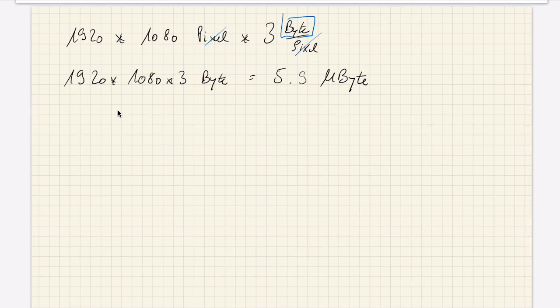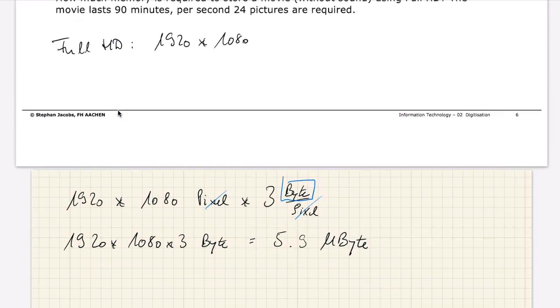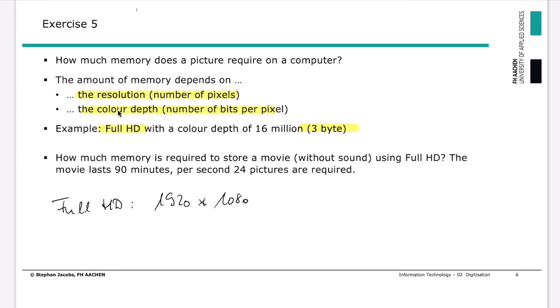Let's move it aside, and now think about the same for the movie. So now we need some more information. We have these kind of pictures, 5.9 megabyte, and we do have quite many of them because a movie is simply a collection of pictures, and we have now 90 minutes, and per second we do have 24 pictures. That's what sometimes called frames per second.